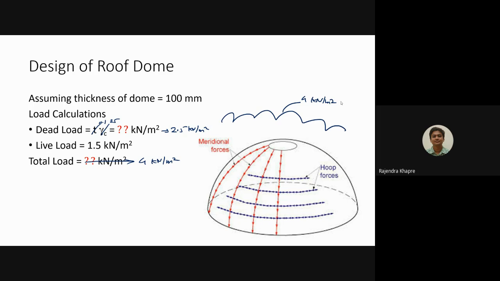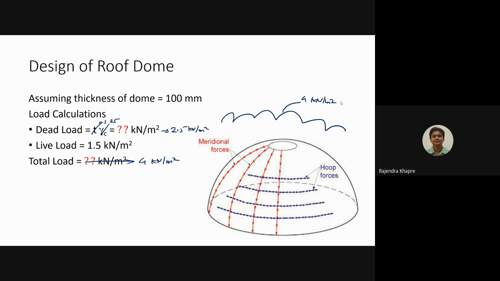Meridional stresses are basically caused due to the meridional force. Along the meridian of the dome, the load will be transferred. It will be giving a compressive force in the concrete. You can see from the direction of the red arrows that the concrete is getting under compression.